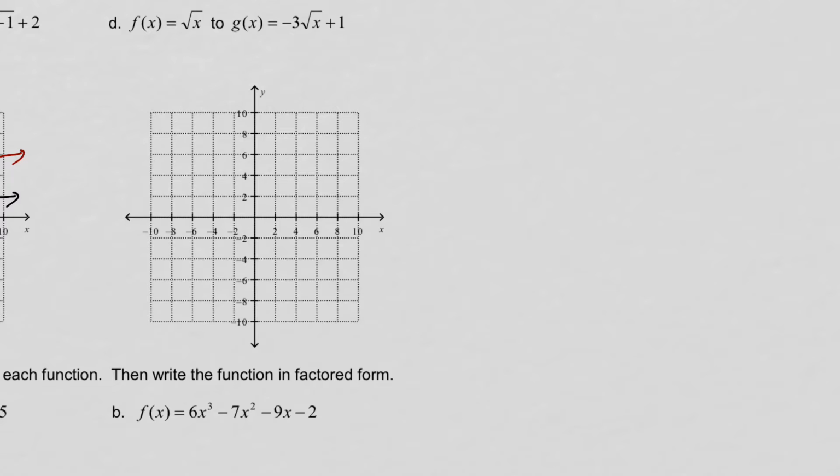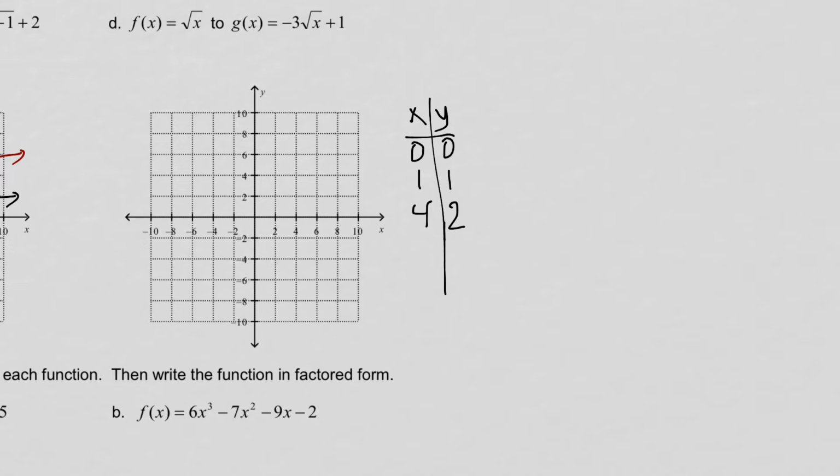Alright, for part D, I'm going to let you guys work on it. The only thing I'm going to help you out with right now is to give you the correct parent function table, which you need to review and study so you remember them by the final. For a square root function, the parent function table should be 0, 0, 1, 1, and 4, 2.